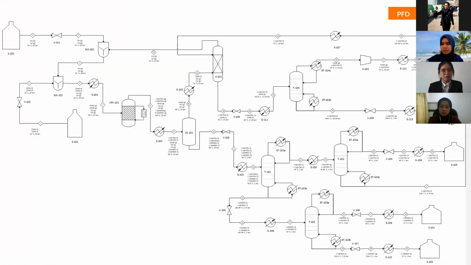Why do you have to recycle your normal butyl aldehyde? Recycle to and mix with propane, and then you have to undergo distillation again. Is this one it? Answer? Sorry, can anyone answer this question?